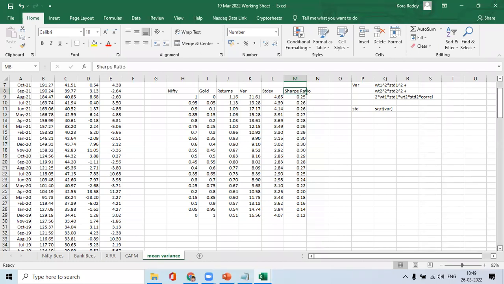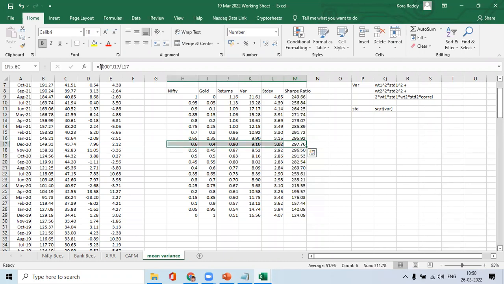Because you can't read these numbers, right? They're all similar. So I can't read 0.3, I'll just multiply it by 1000, just some number so I can read it. So now this is the highest. Right, so that is your efficient frontier or mean variance optimized weightage. 60% Nifty and 40% gold.